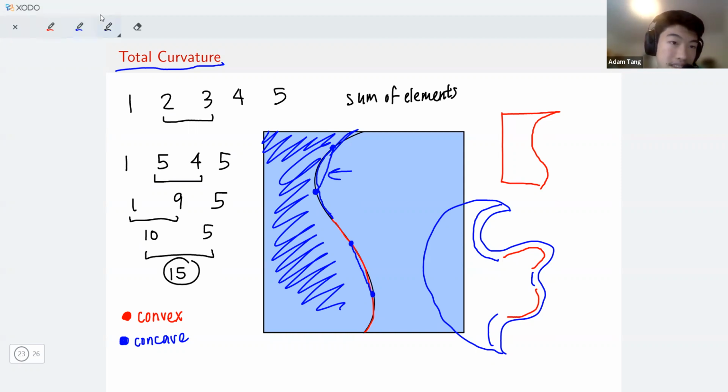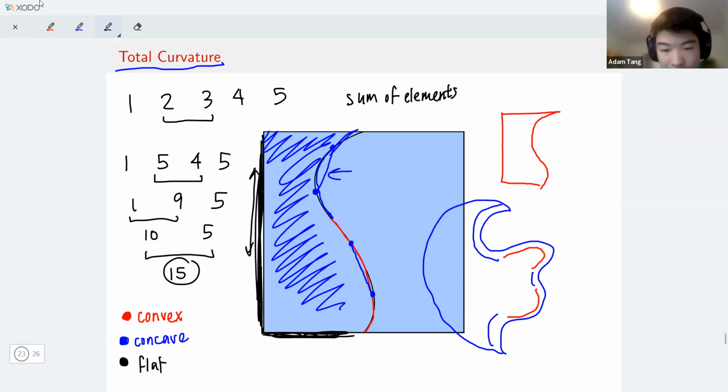And then, of course, there is the third case. I'll call it flat, where it's neither concave nor convex. It's just a straight line. So this portion is flat, and this portion is flat.